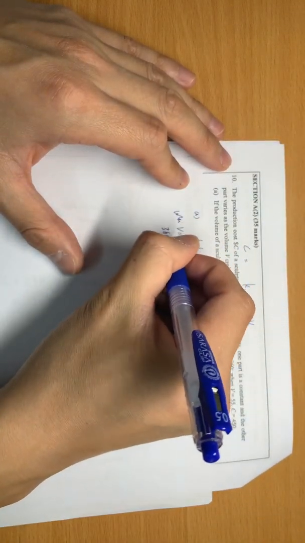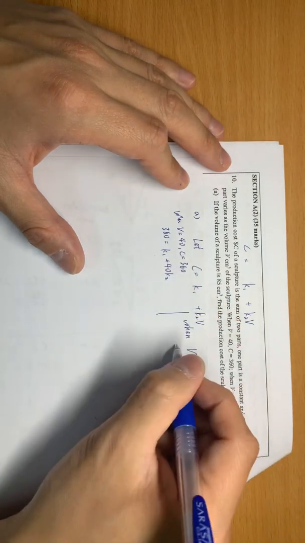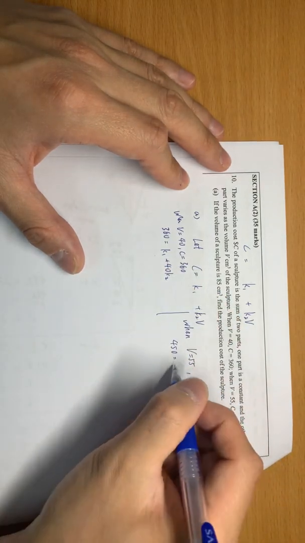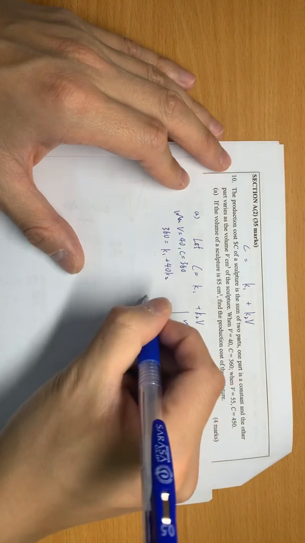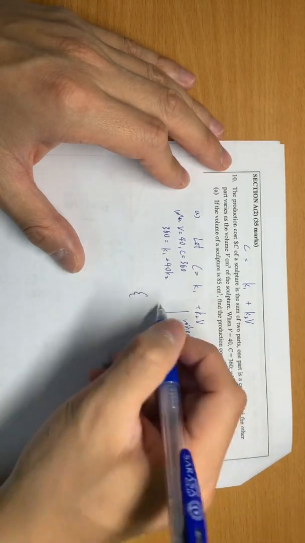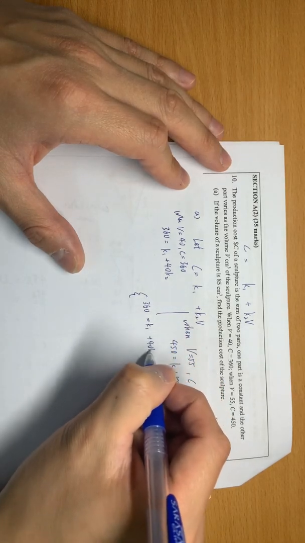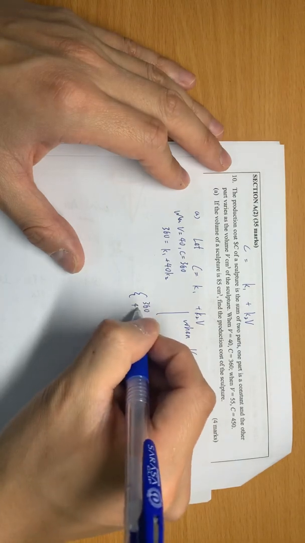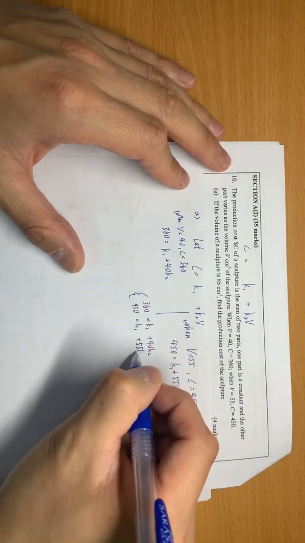So 360 is equal to K1 plus 40 K2, and 450 is equal to K1 plus 55 K2. If we copy down once again, 360 is equal to K1 plus 40 K2, 450 is equal to K1 plus 55 K2.